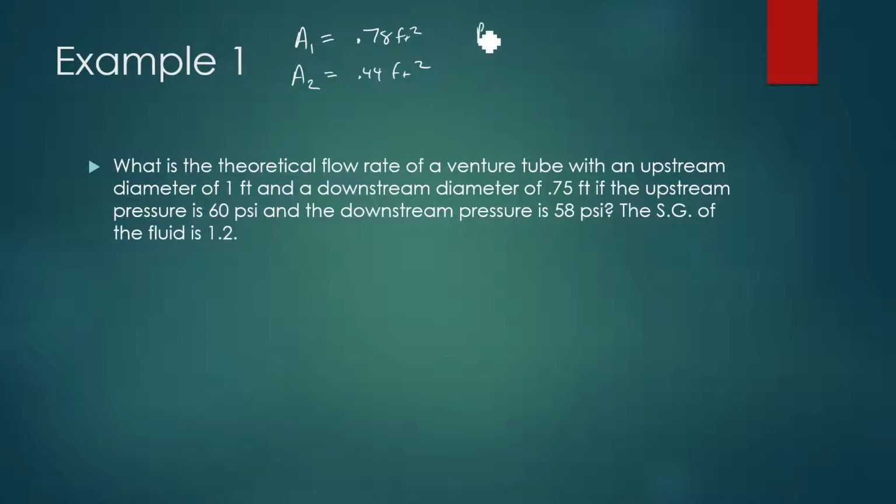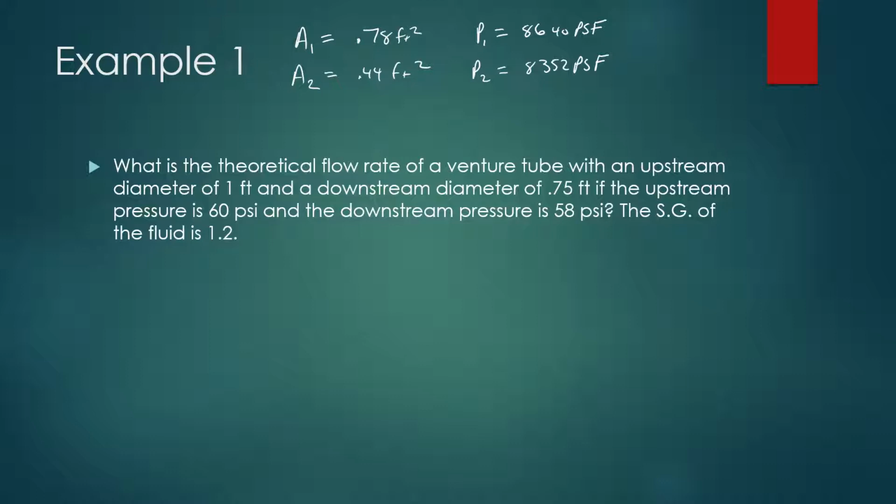Pressure 1 is going to be 8,640 psf, or pounds per square foot, and pressure 2 is 8,352 pounds per square foot. So remember, when you're in psi, pounds per square inch, whenever you're using this equation, everything needs to be in pounds per square foot, slugs, feet, seconds.